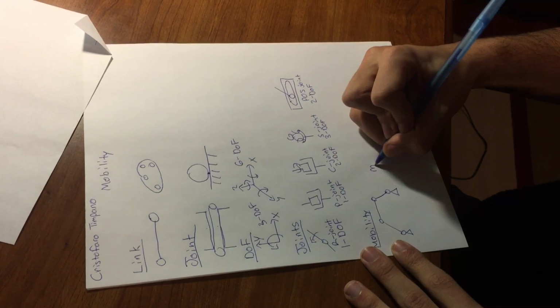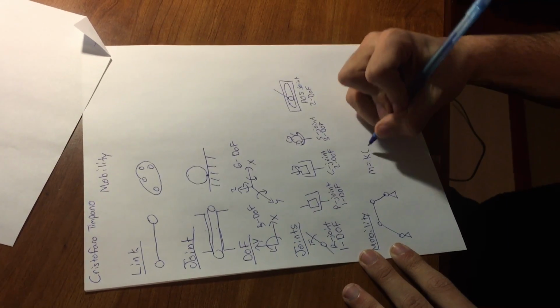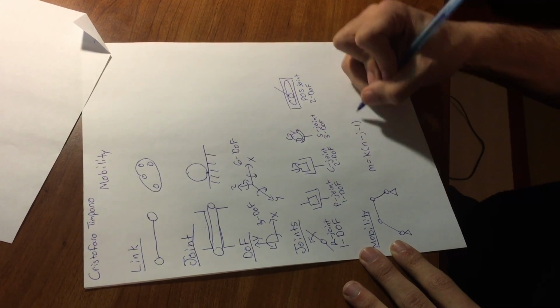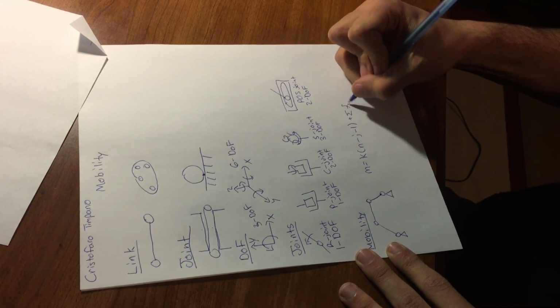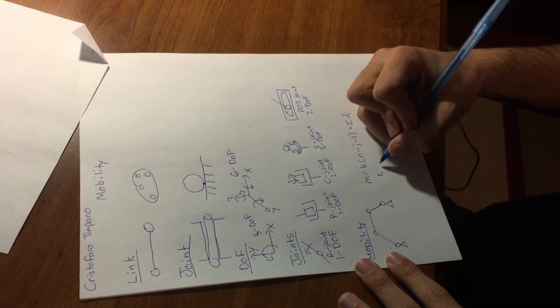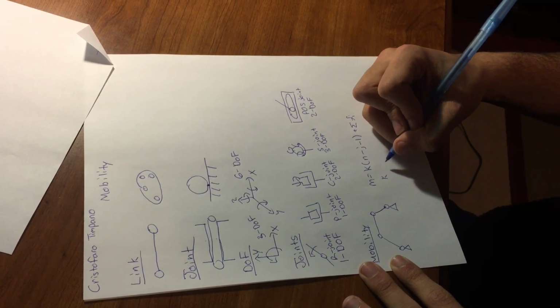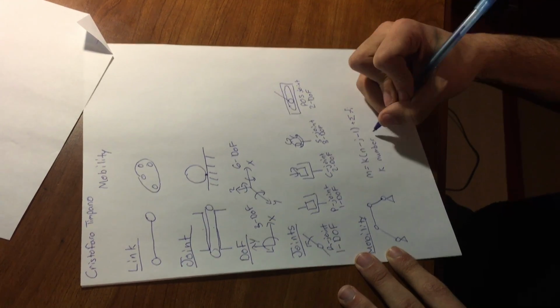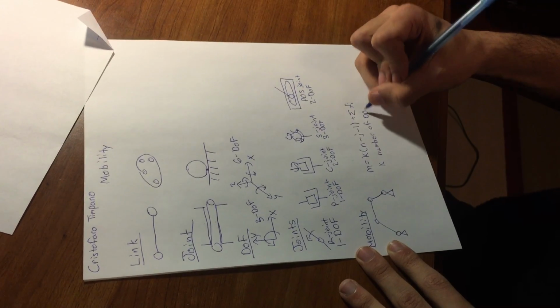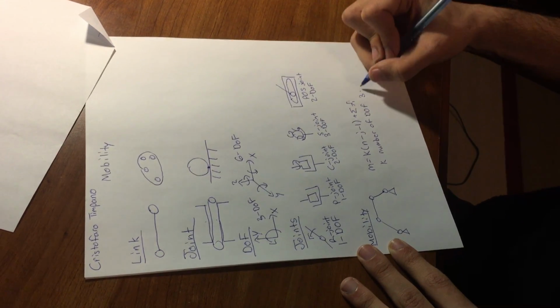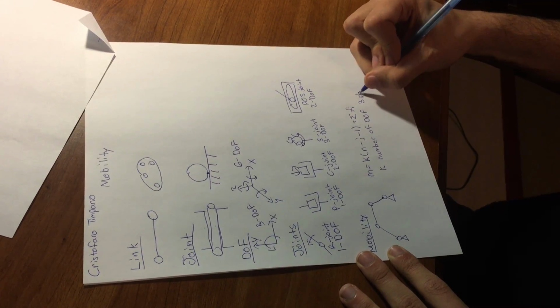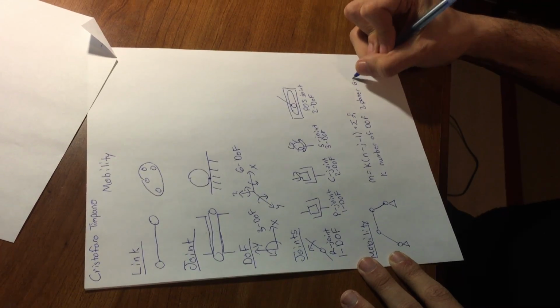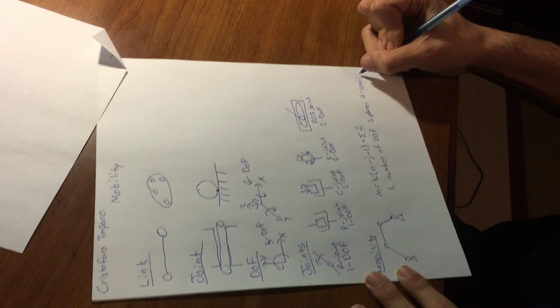Mobility can be calculated by using M equals k(n minus j minus 1) plus the summation of f, where k is equal to the number of possible degrees of freedom in your mechanism, which is 3 for a planar mechanism and 6 for a spatial mechanism.